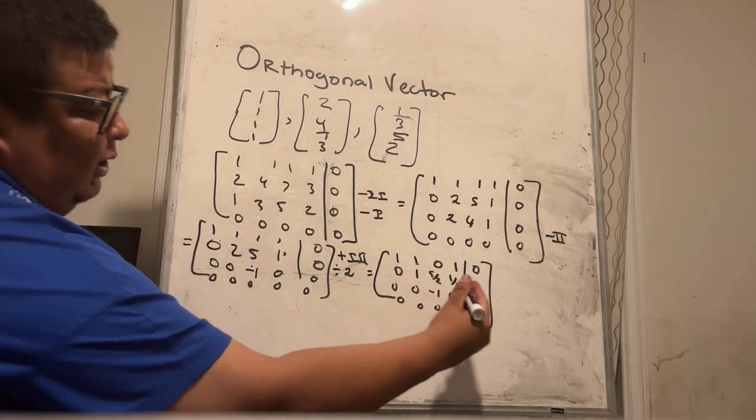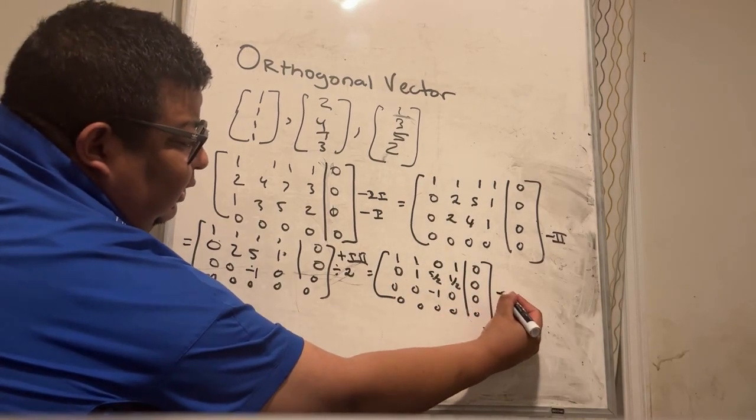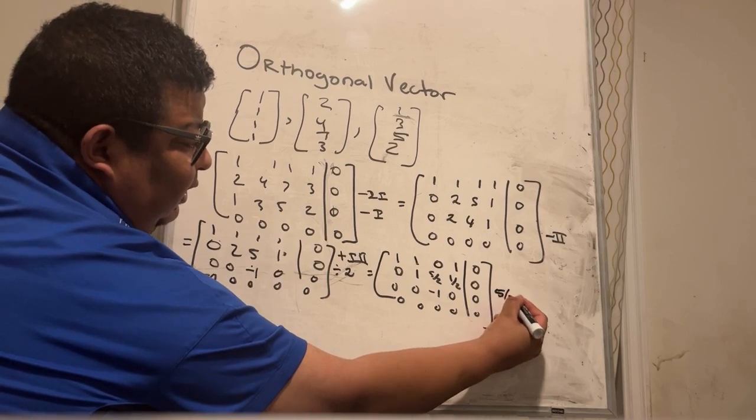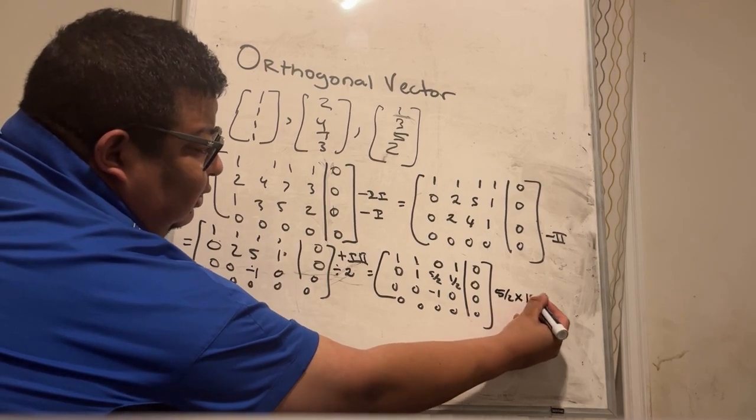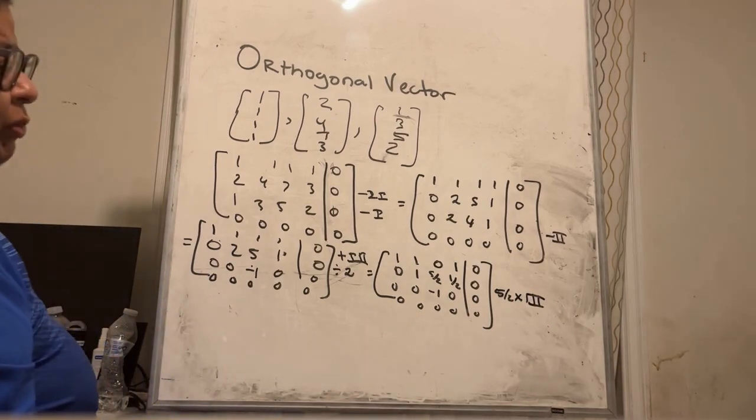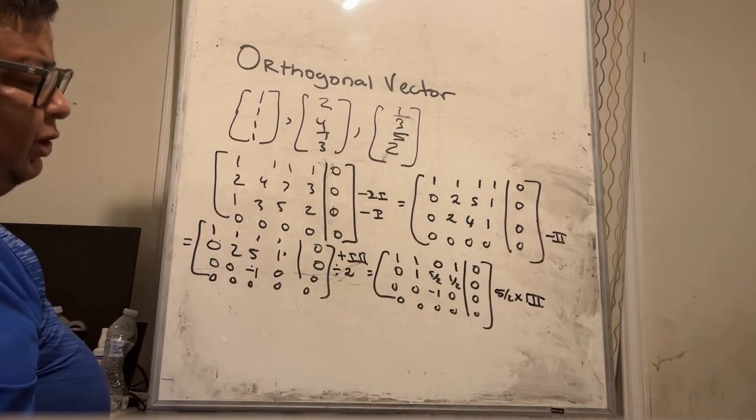Okay, let's get rid of this 5/2. So what we're going to do is multiply negative 5/2 times the third row, and we're going to add it to the second row.